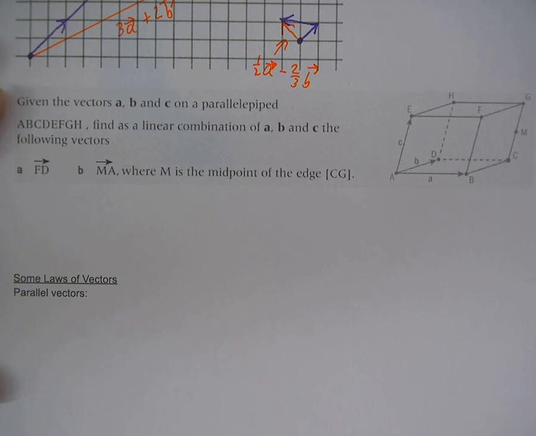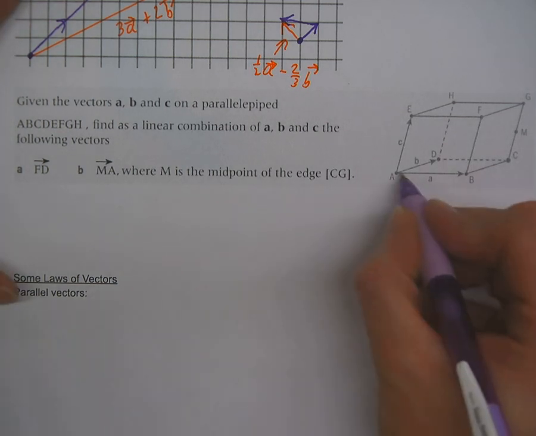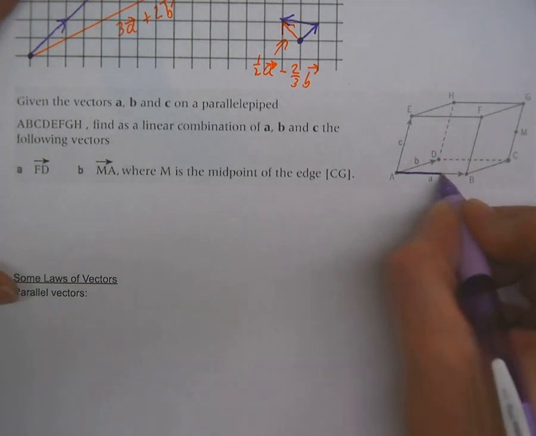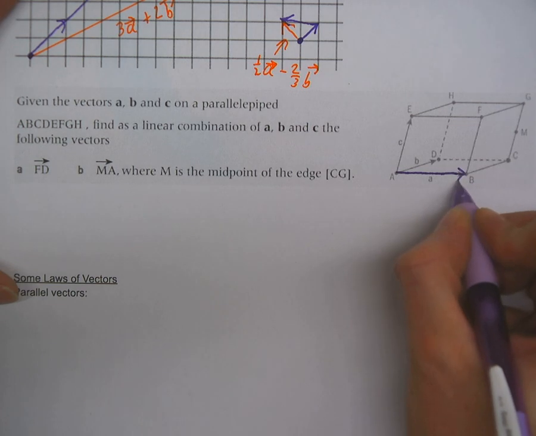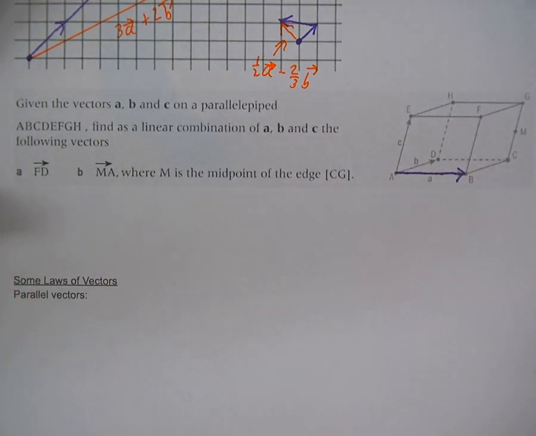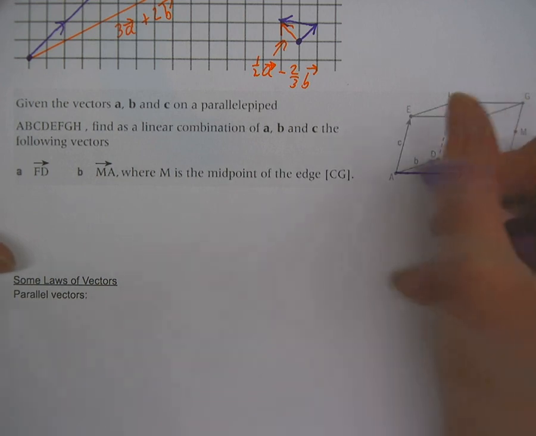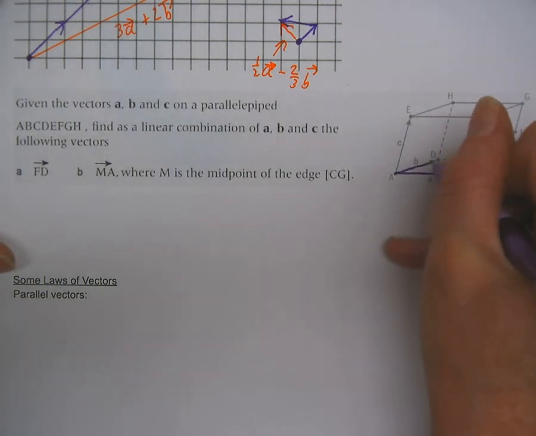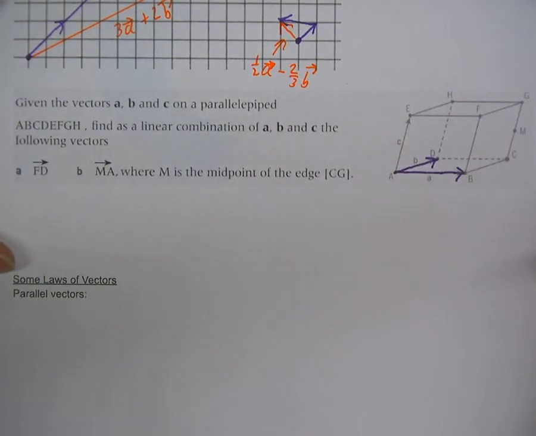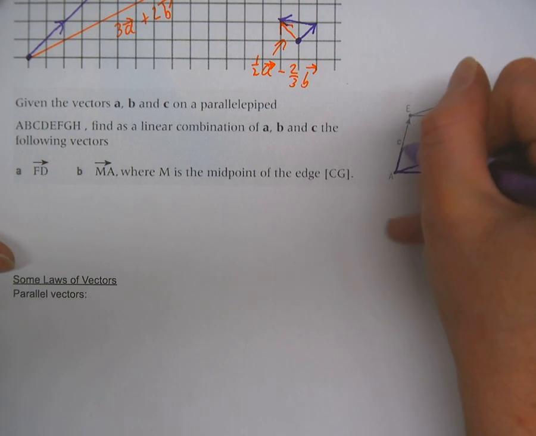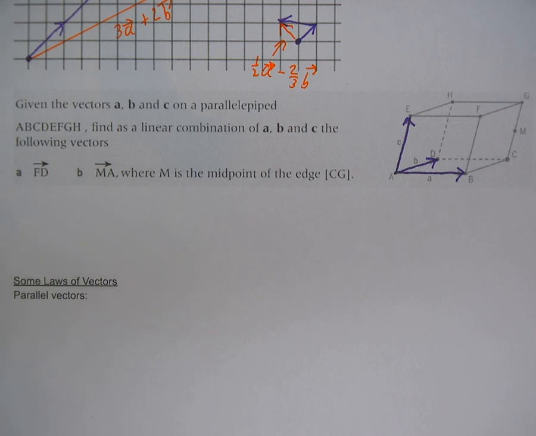Notice that there are three vectors that are defined on this. Vector A starts at point A and goes to point B. Vector B starts at point A and goes to point D. And vector C starts at point A and ends at point E. However, there are a number of other vectors.